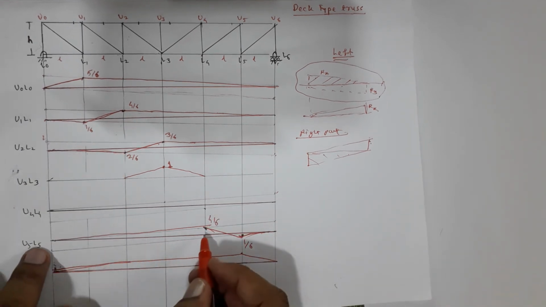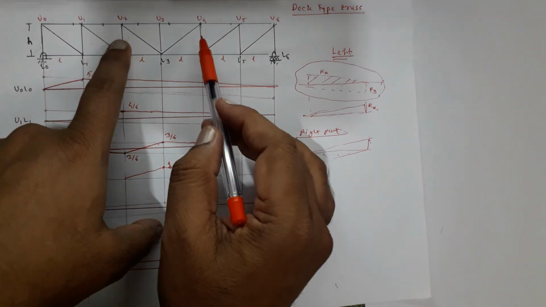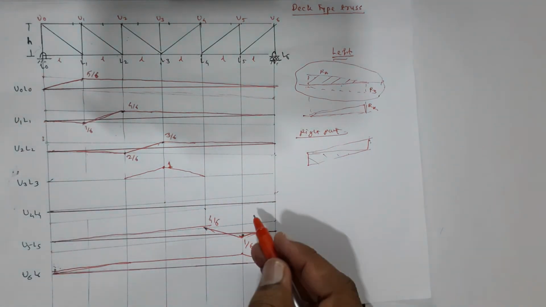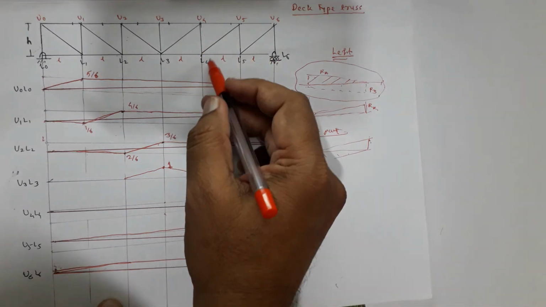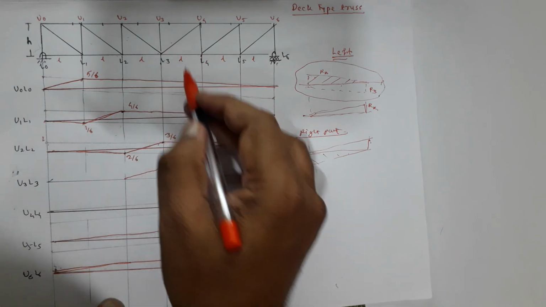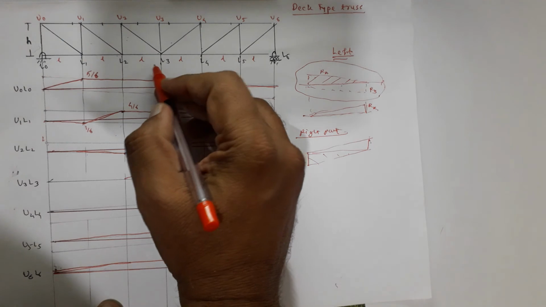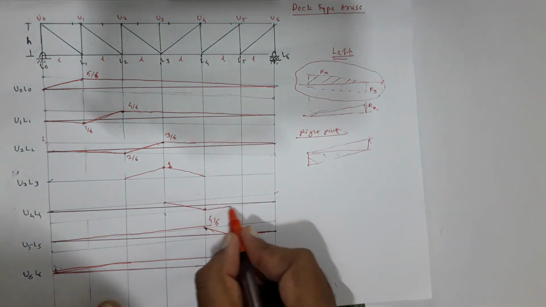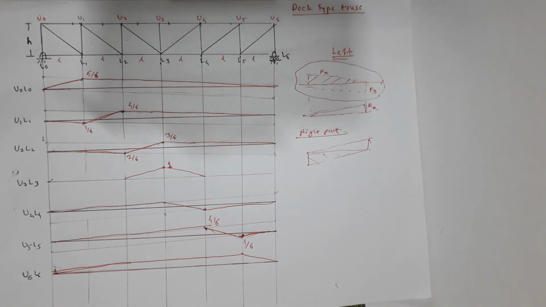So this is U5 L5, and the ILD for U2 L2 and U4 L4 will be the same. For U4 L4, the next span is this one, so here the cross line will take place. It is like this, so it will be opposite. This is how the ILD for U4 L4 can be drawn. So this is the simple procedure to draw the ILD for the vertical members.